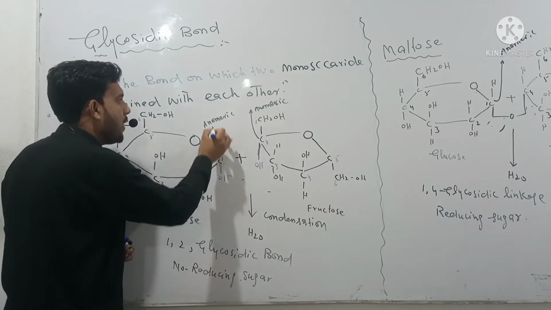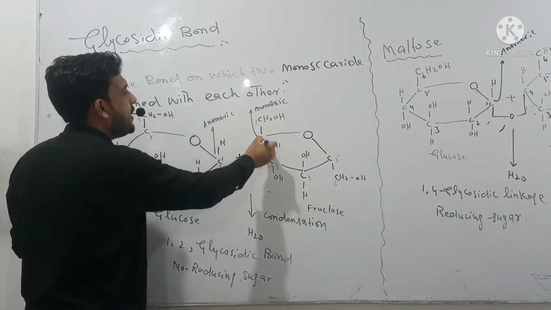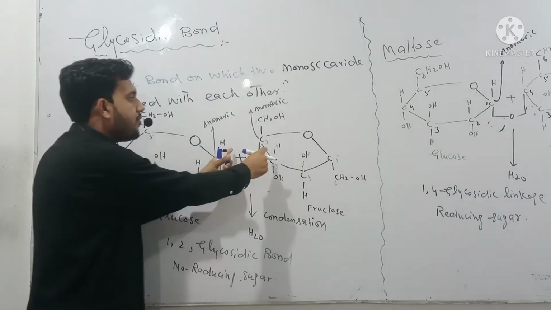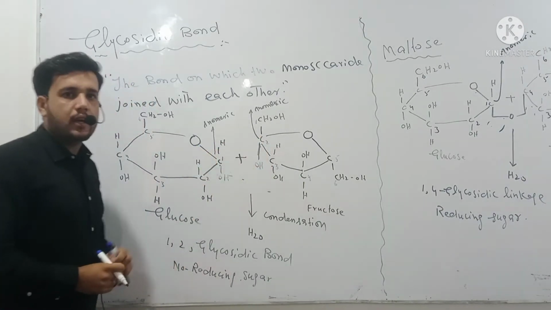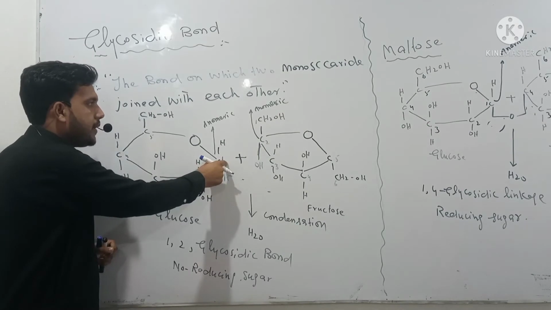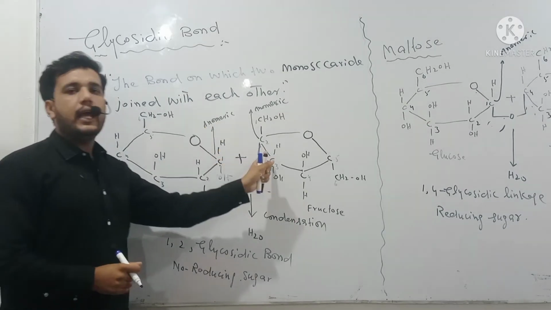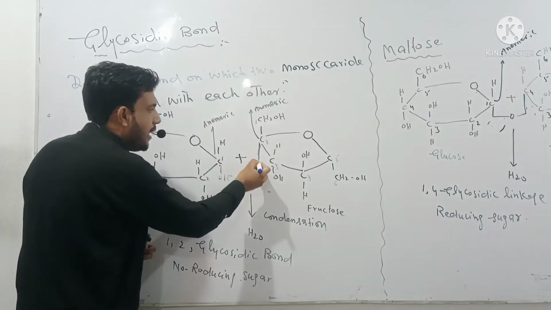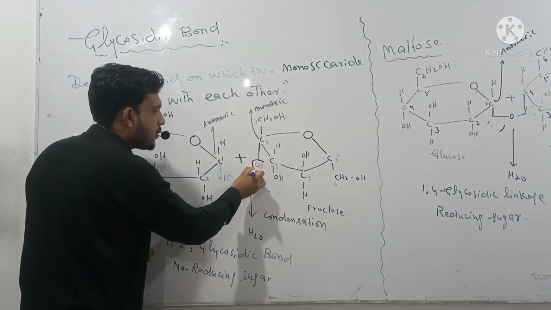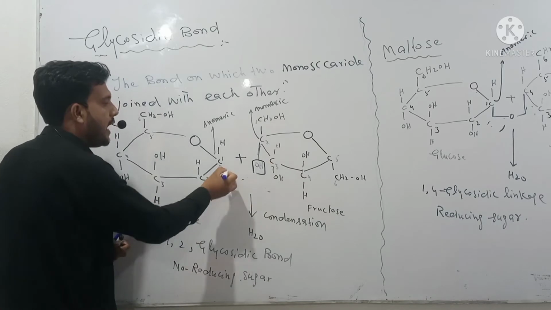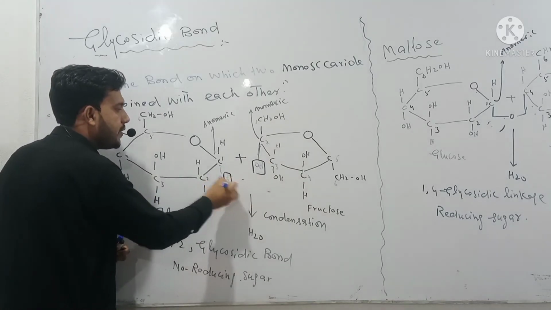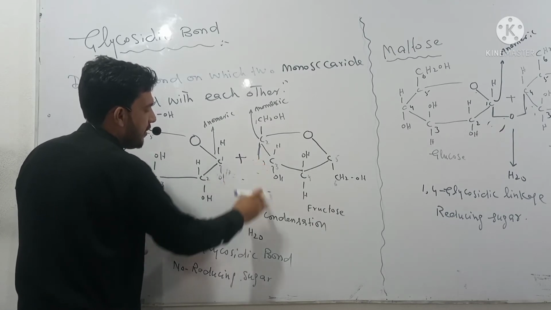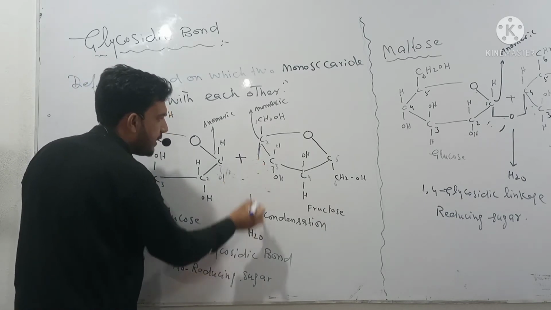This carbon number 1 is the anomeric carbon, and here carbon number 2 is the anomeric carbon. The bond will form between the two anomeric carbons. In glucose, carbon number 1 is anomeric, while in fructose, carbon number 2 is anomeric. Now, if we remove the hydroxyl group from the fructose and hydrogen from the glucose, these two combine with each other and form a molecule of water.